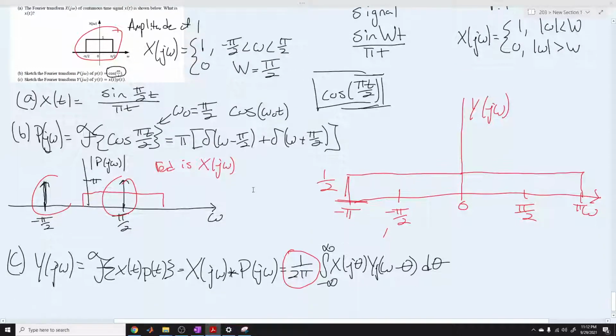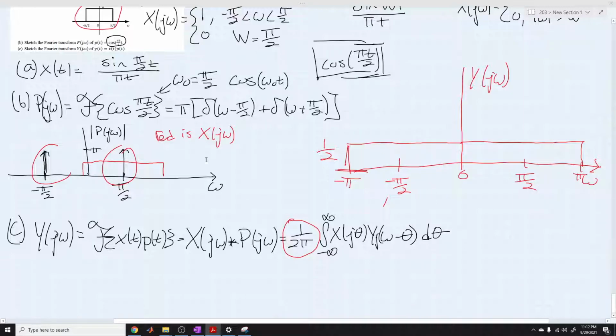Actually, you really wouldn't have to do it like that. Because we have the delta functions, let's actually do the analysis of it. So we have 1 over 2 pi, and this is nothing more than a convolution.